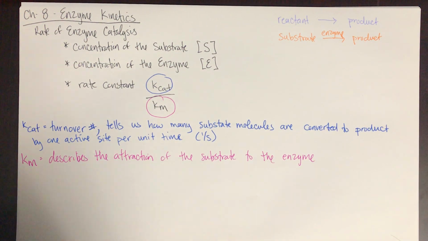Okay, so the way that we describe this, there's two graphs that you are going to need to be comfortable with. One is called the Michaelis-Menten graph, and one is called the Lineweaver-Burk plot. The Lineweaver-Burk plot is a double reciprocal of the Michaelis-Menten plot, so let's start with that first.